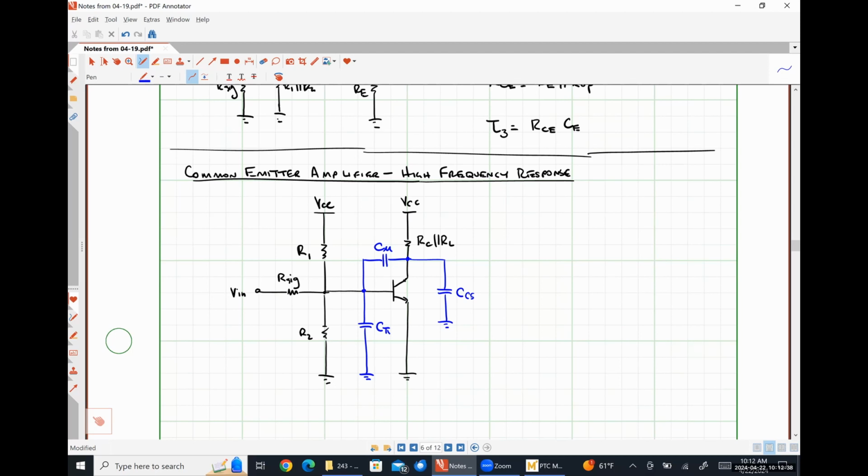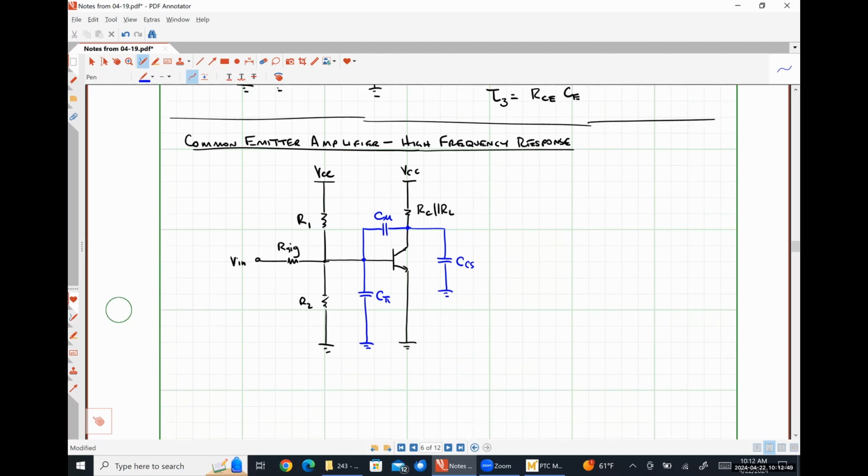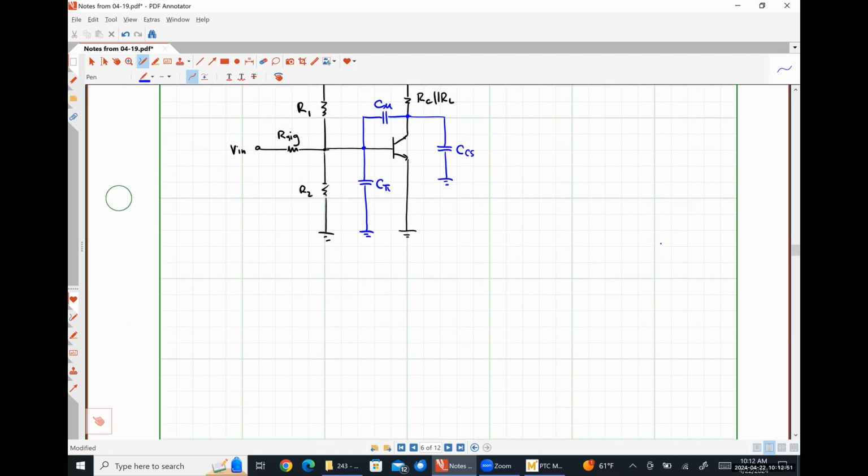All right. So we're going to throw the kitchen sink at this guy. I'm going to start with just drawing the small signal model for this whole thing. So let's put Vn over here on the left. Here's R1 in parallel with R2.